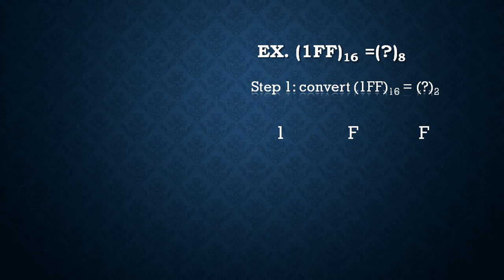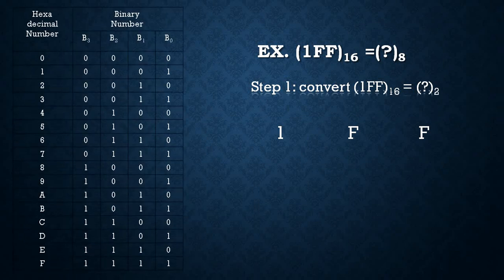For that purpose we use the relation table of hexadecimal number and binary number. We observe this table and for 1 we get the binary equivalent 0001, we write here. For F we get the binary equivalent 1111, we write here.